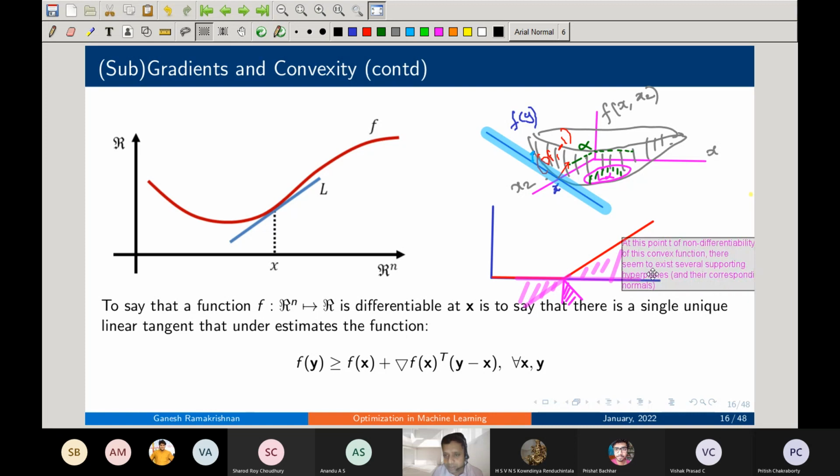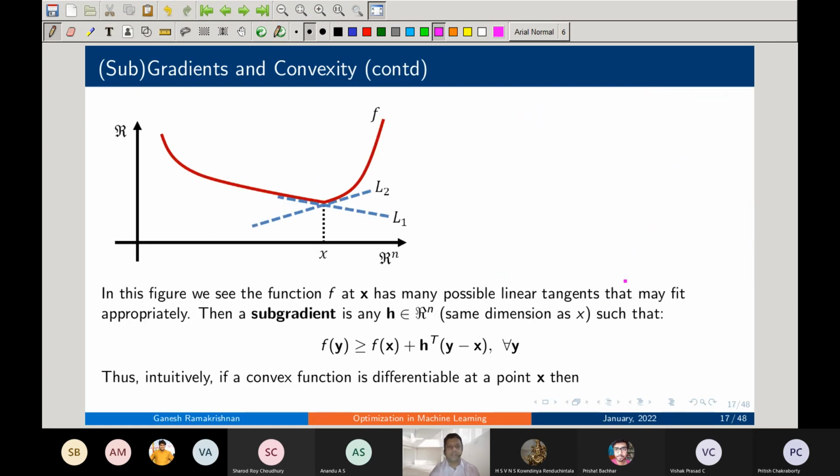Sorry, I didn't mention it here, but let me do that. This is my point T. So we are saying, why not use this notion to define the so-called subgradient? This is the notion of subgradient. There are my multiple linear tangents.